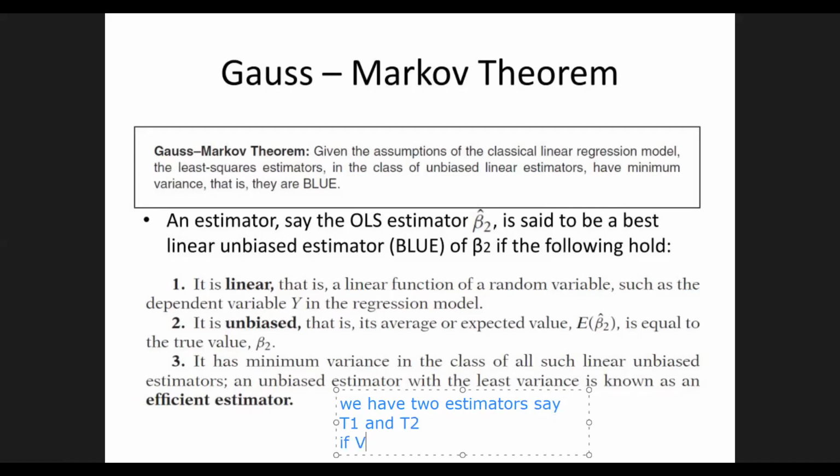Now, if variance of T1 is less than variance of T2, then T1 is said to be an efficient estimator, say of mu. So this is called efficiency.